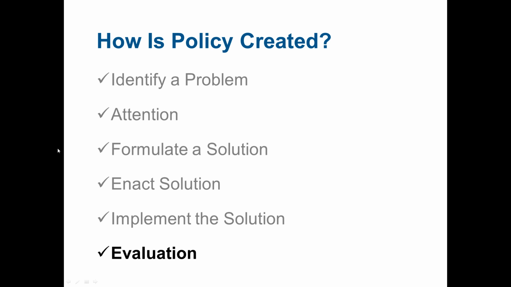New solutions can be found, new solutions enacted and implemented, and we keep evaluating until something satisfactory happens. Or sometimes, given the nature of a problem like poverty, we want to reduce poverty wherever it exists, and we want to try to target it. It's a continual process of evaluation, formulation, legislation, and then implementation, over and over again for however long, until we reach utopia and there's no longer poverty.